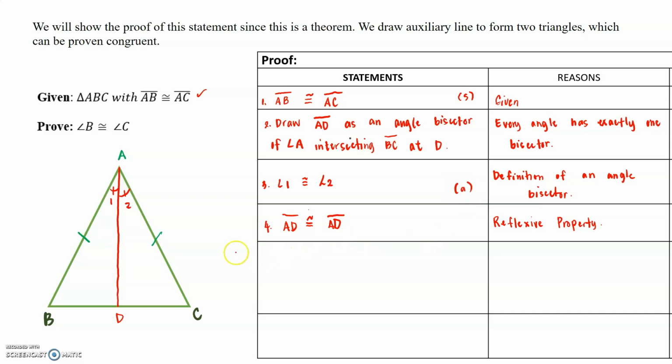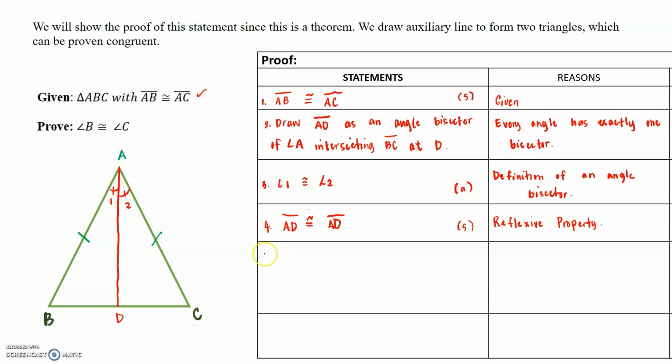In statement 4, we have established congruence of another pair of sides, which happen to be a common side. So that is one side. You can already see on our figure that angle 1 and angle 2 are included angles of our two congruent pairs of sides.